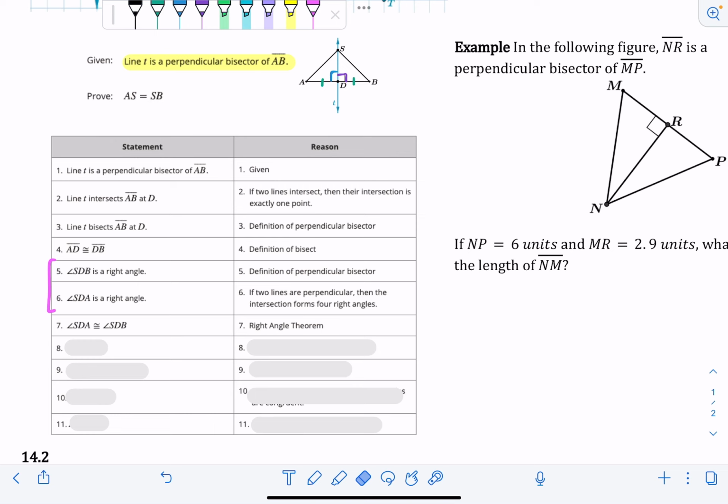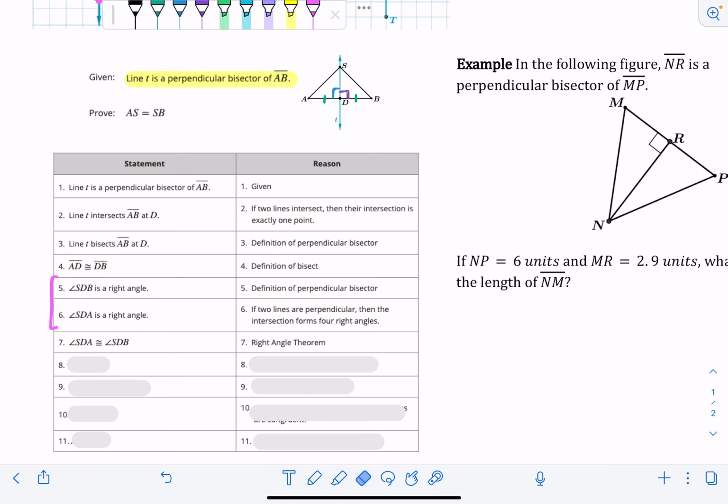And now we're starting to get to the point where we have some sides that are corresponding and congruent, and some angles that are corresponding and congruent. Looking back at what we know from the graphic, AD and DB are congruent to each other. SDB and SDA are congruent to each other because they're both right angles.